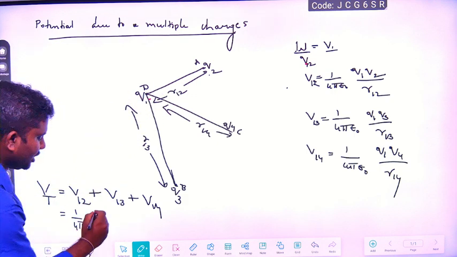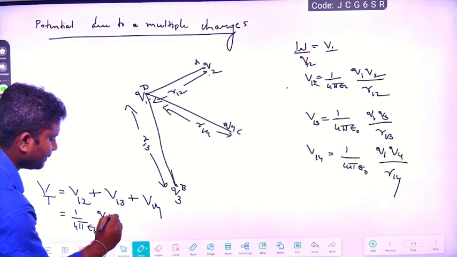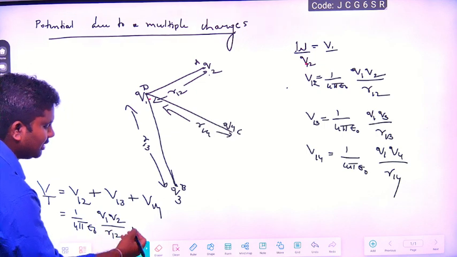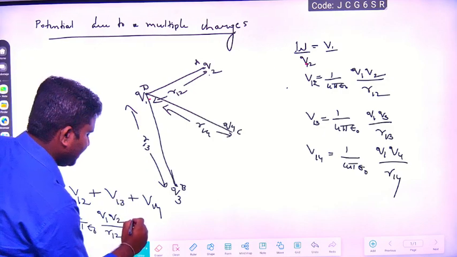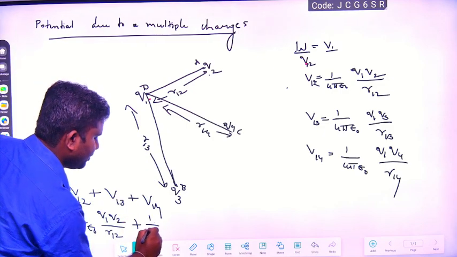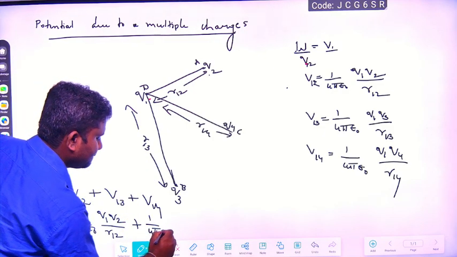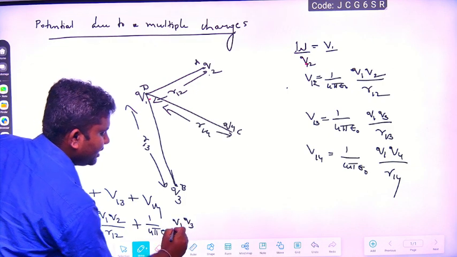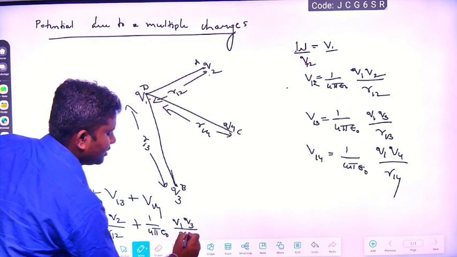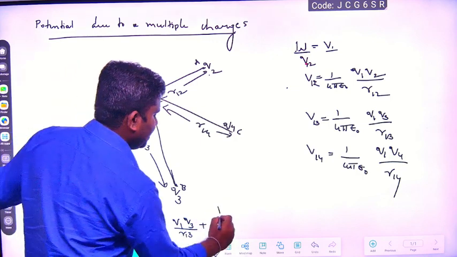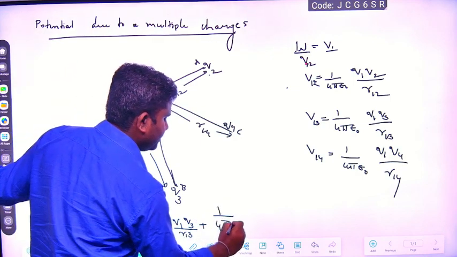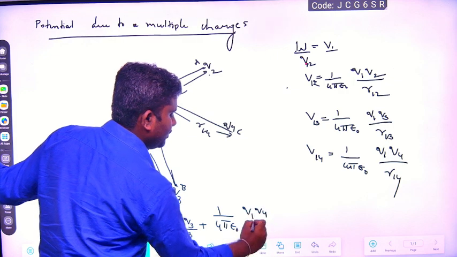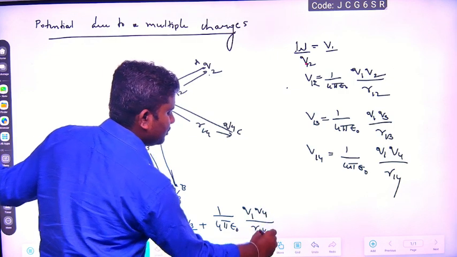So it is Q1 Q2 divided by R12. I will write everything, then I will take it out. Plus V13 is 1 by 4 pi epsilon naught Q1 Q3 divided by R13, plus 1 by 4 pi epsilon naught Q1 Q4 divided by R14.